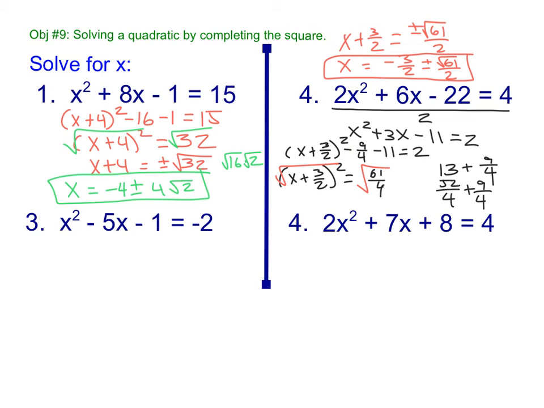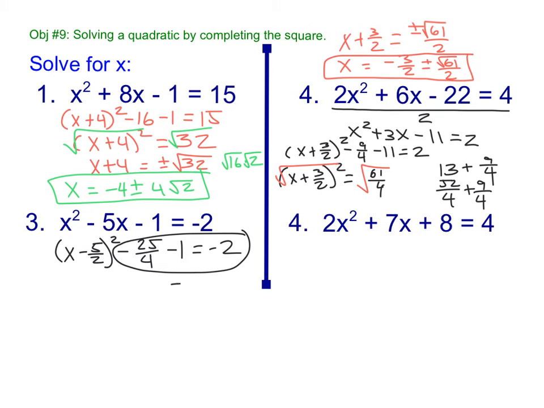All right, again, I'm going to take half of 5: x minus 5 over 2 squared, minus 5 over 2 squared, 25 over 4, minus 1 equals negative 2. I got to put these together. I'm moving the 25 over 4 and 1 to the other side. So this gives me negative 1 plus 25 over 4. Negative 4 over 4 plus 25 over 4 is 21 over 4.